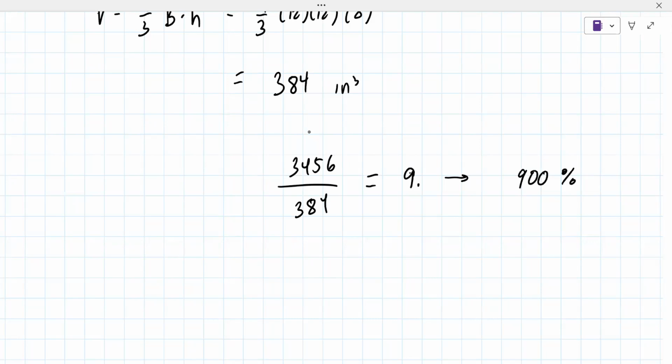That makes a lot more sense. So the volume of pyramid B is 900% bigger than the volume of pyramid A. So then let's find the volume.